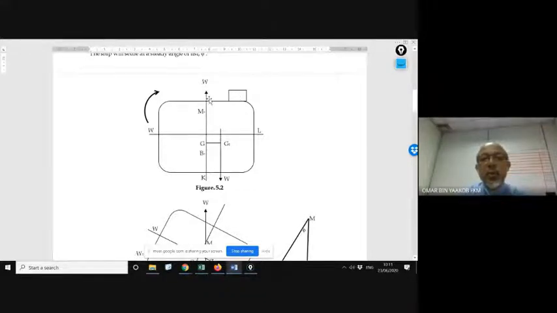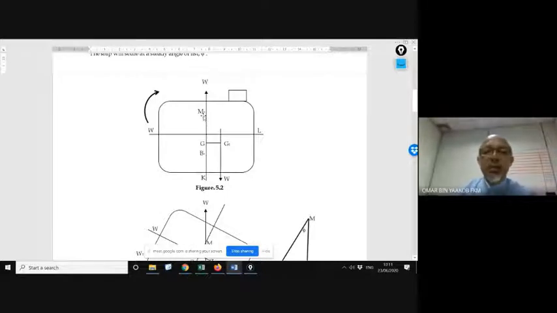Then you move it to the side like this. Before its movement, this will be the relationship between K, B, G, and M. This is K, keel; B, center of buoyancy; G, center of gravity; and M, the metacenter. In this case, it is in the transverse direction.